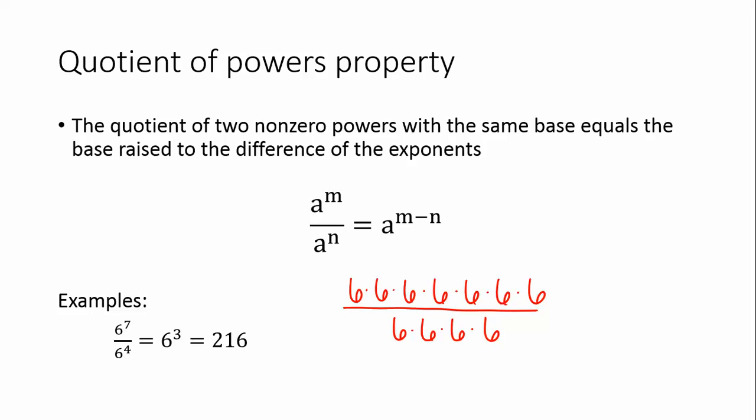We can start canceling some of those 6's, similar to how you would reduce a fraction. So we get 1, 2, 3, 4 6's that will cancel, because that's the most we have on the bottom, and that leaves us with 6 to the 3rd on top. So you can see why subtraction works.